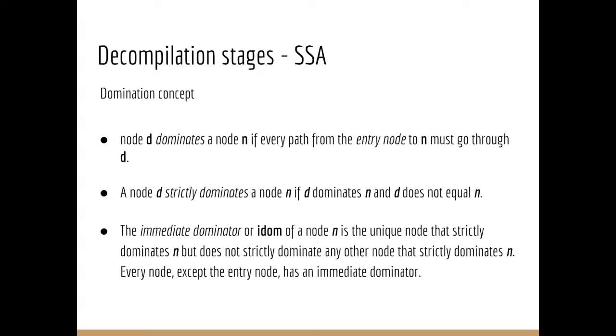And there are a couple of subsets of domination. It's a strict domination if only one node dominates the next one, and they are not the same and not equal. An immediate dominator is a unique node that strictly dominates the next one, but does not strictly dominate any other node that also dominates this next node.